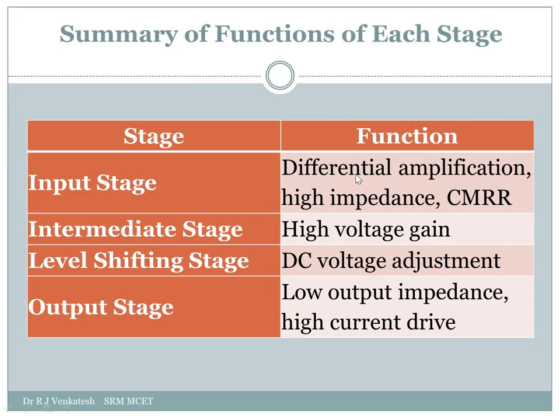So the first stage provides high input impedance. The second stage provides high voltage gain, in the third stage we do the DC voltage adjustment, and in the fourth stage we get low output impedance and high current drive. So there are different functionalities of the operational amplifier. You have 4 stages we discussed. With the help of the 4 stages, we get high voltage gain in the operational amplifier, and with this you perform different functionalities.